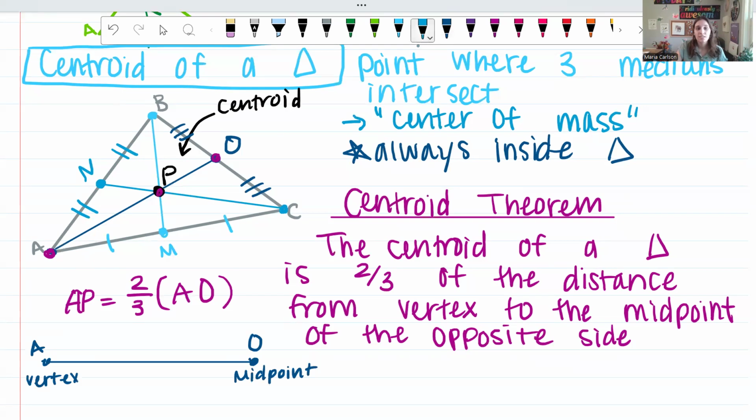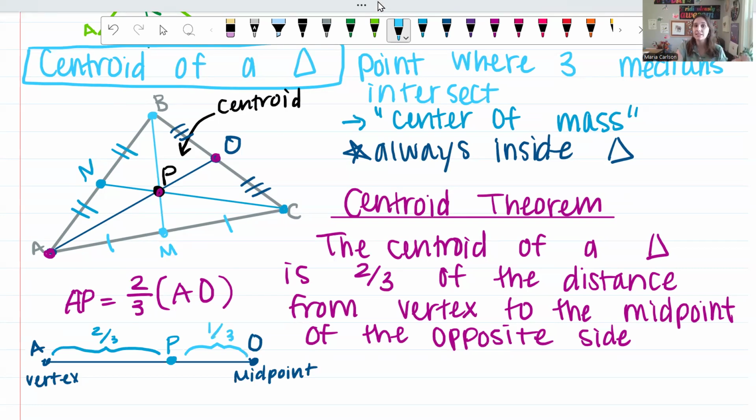We then have the centroid, P, right about here. This is 2/3 of the distance, which means that from P to O, that's the remaining 1/3 of the distance.